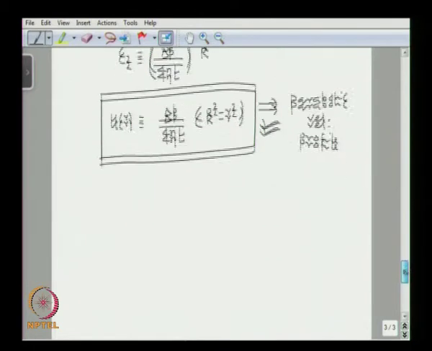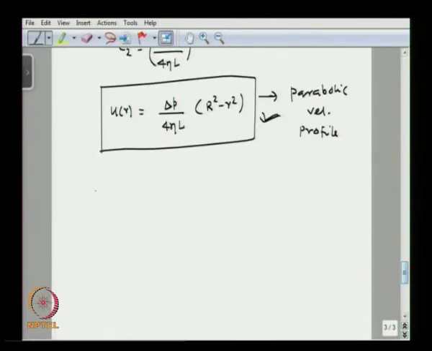You can obtain the volume flow rate Q as the integral from 0 to 2 pi over the phi coordinate, into the integral from 0 to R of r dr into u(r).